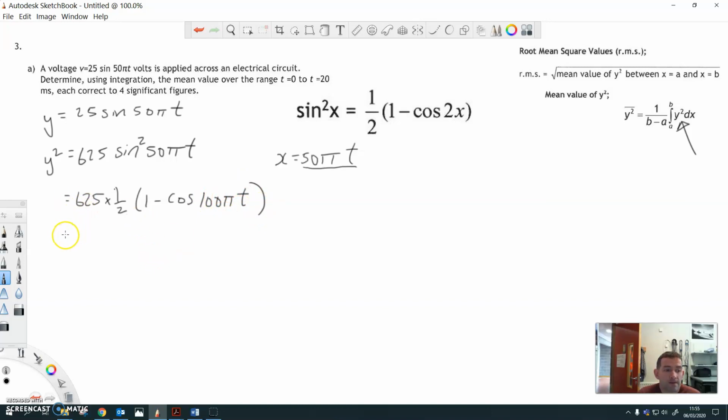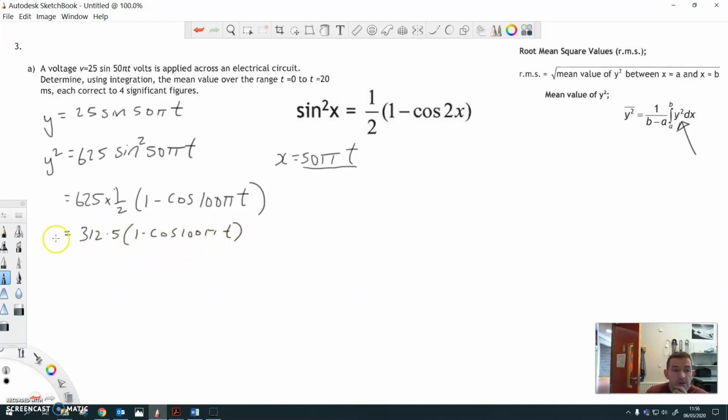And we can tidy things up. 625 divided by 2 equals 312.5 times 1 minus cos 100 pi t.